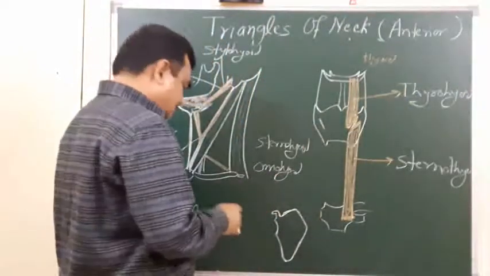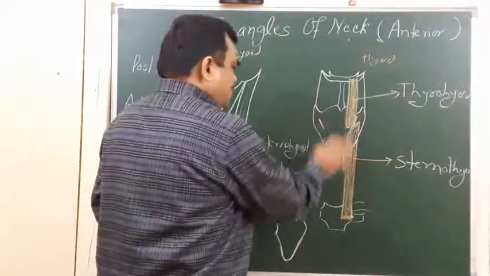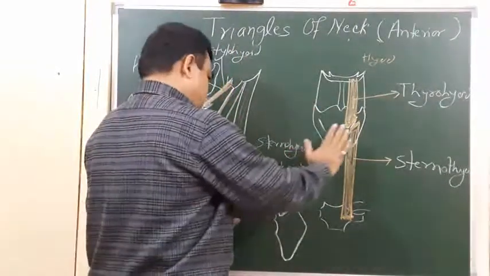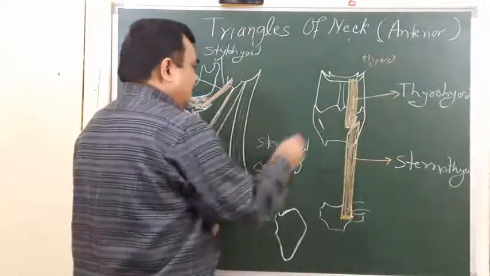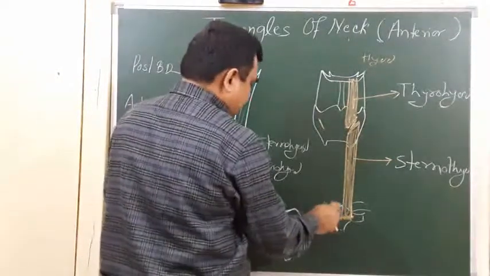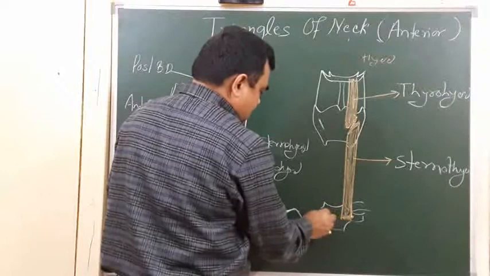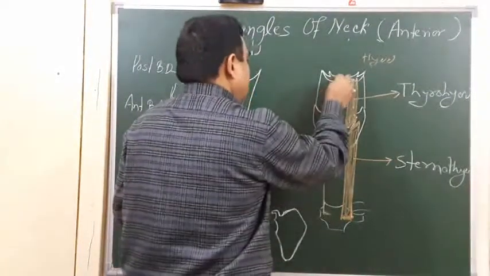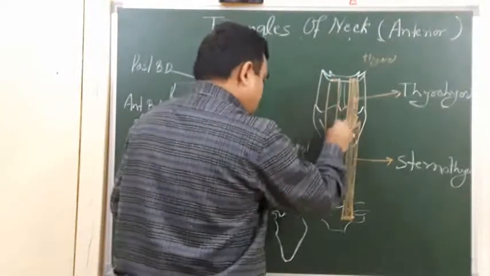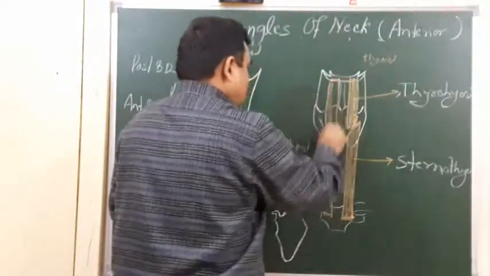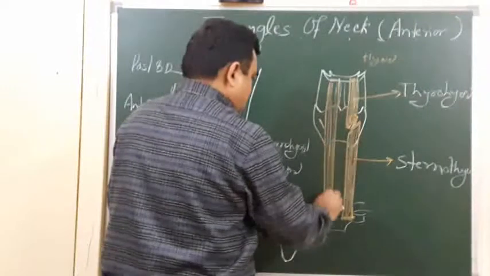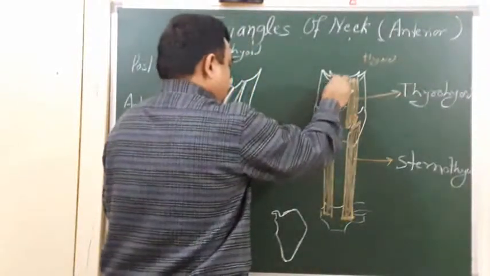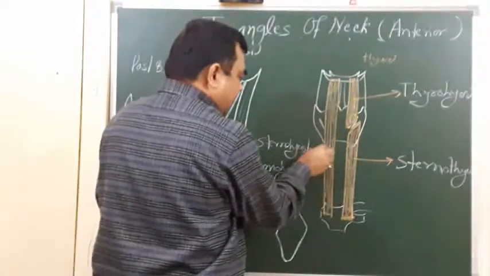These are deeper muscles, and these two muscles are covered by another two muscles which I am drawing here. This is sternohyoid.